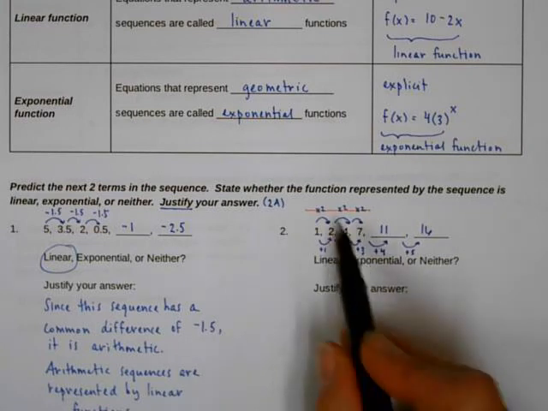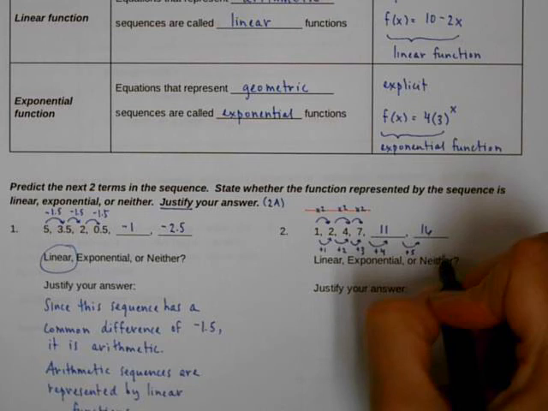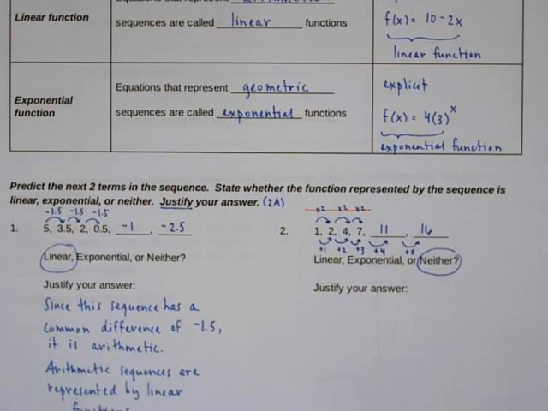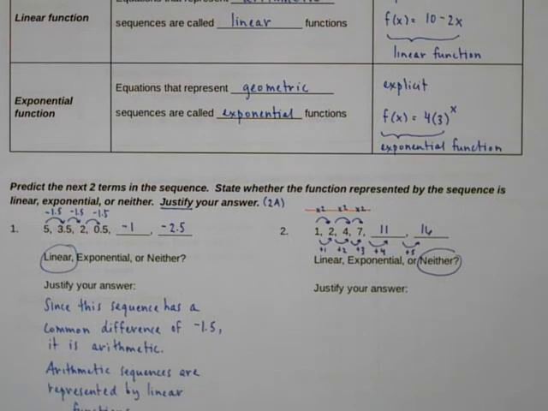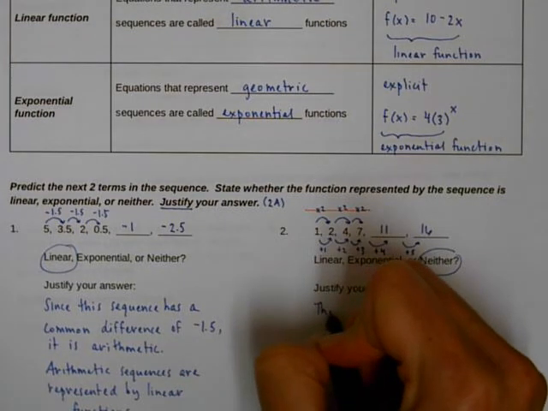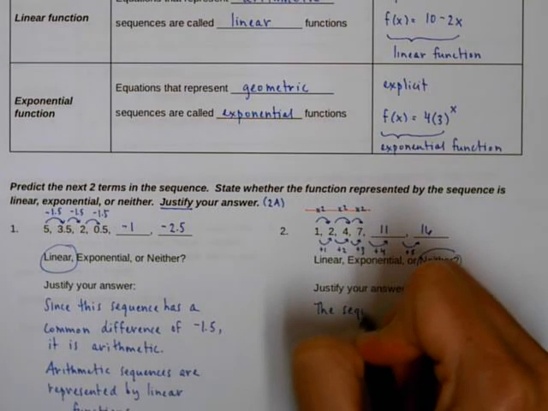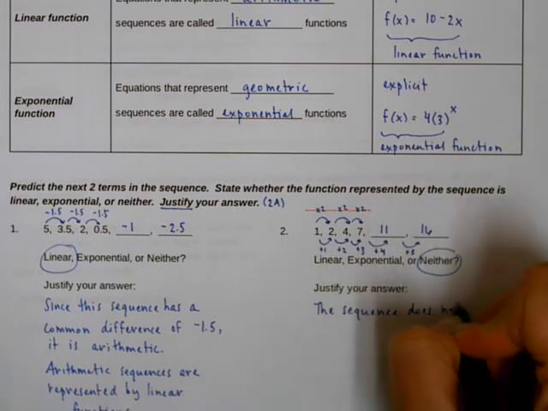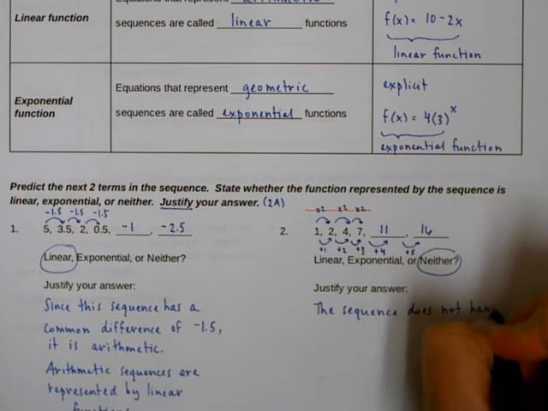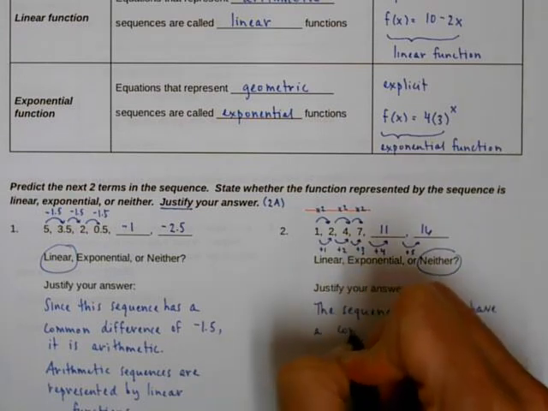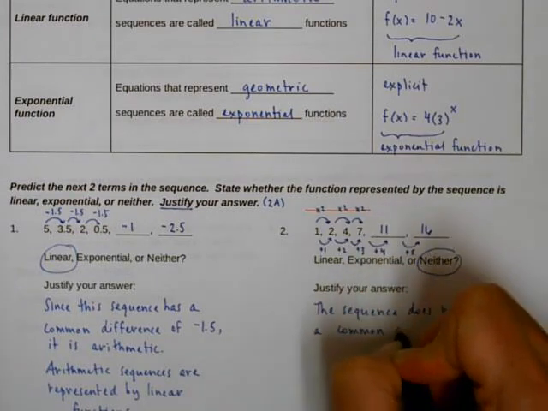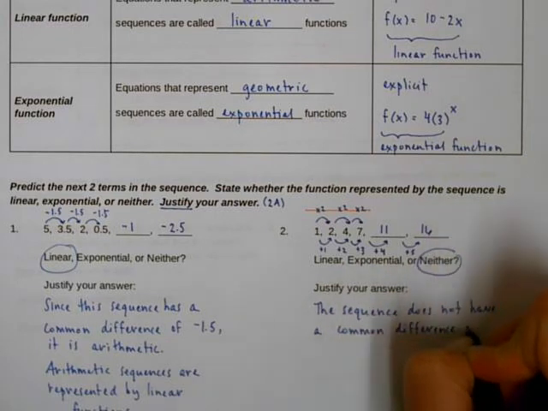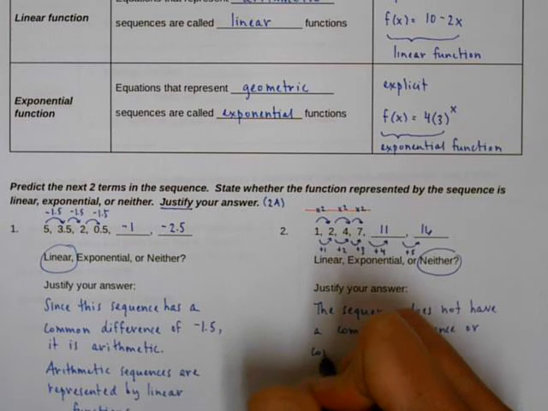It's not exponential because it's not geometric, so this would be neither. And so to justify, I would say the sequence does not have a common difference or common ratio.